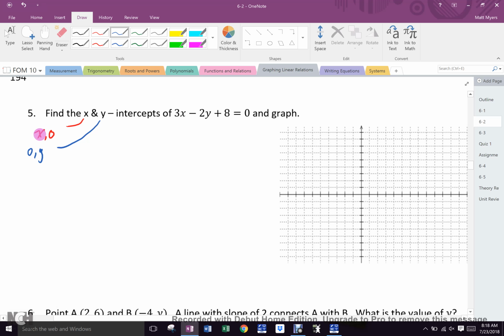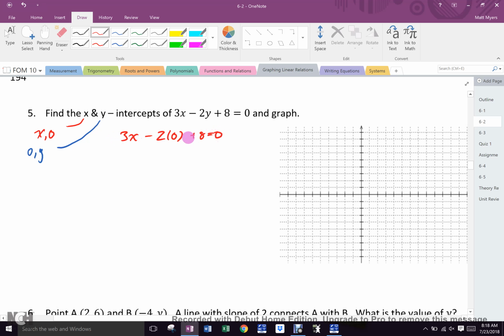This one's the easiest one. It says x, so it goes for x. So that would be 3x minus 2 times what? 0, because y is 0, plus 8 equals 0. Then we solve that.